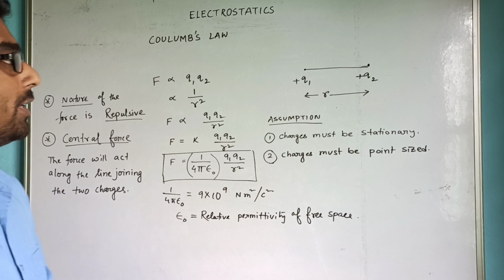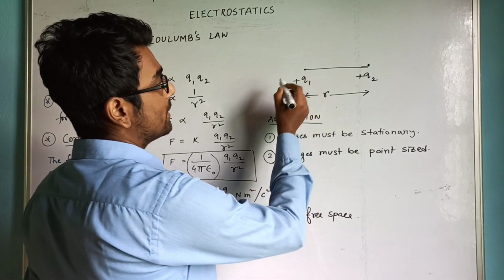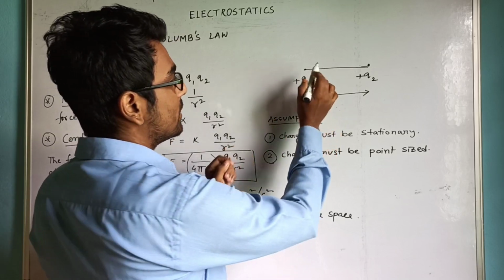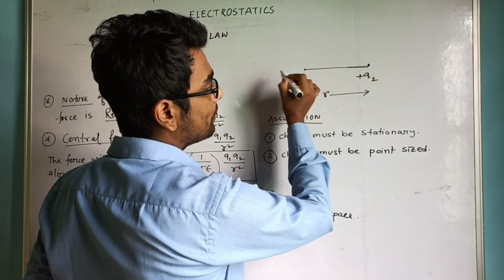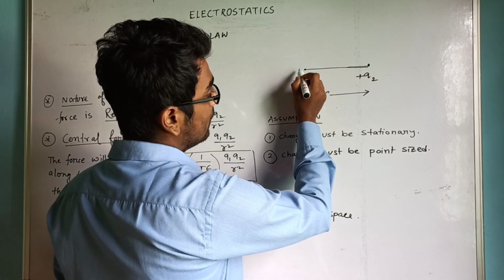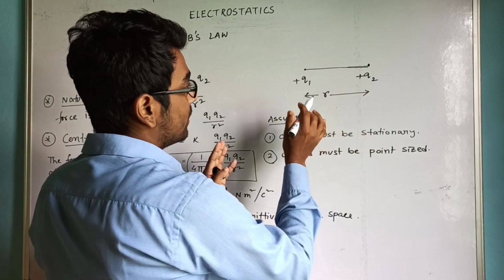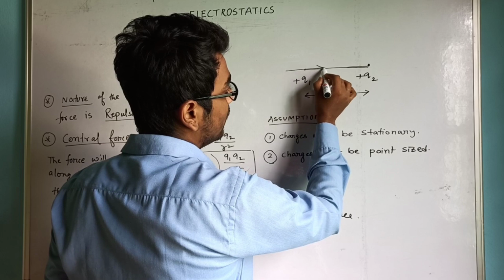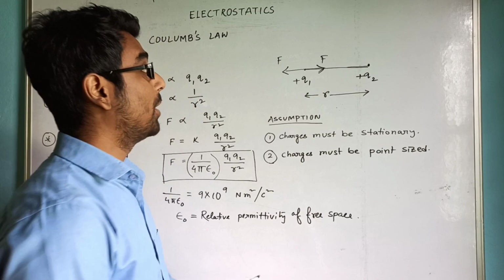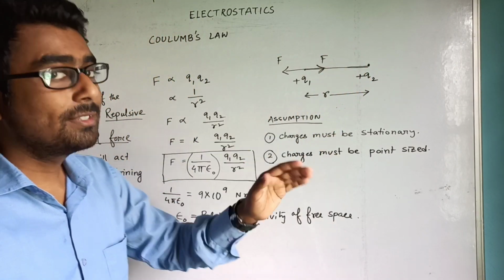Here the force is a repulsive force. Here you can see the force will act along this line, the simplest way to join both the charges. This line is the simplest, straight line, or the shortest line, we can say. So the force will either be repulsive or attractive depending upon the nature of the charges, but the force will always act along the line joining the two charges. If it is attractive, the force will be like this, or if it is repulsive, the force will be like this. That is the central force.